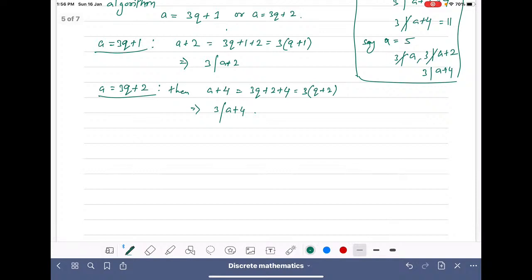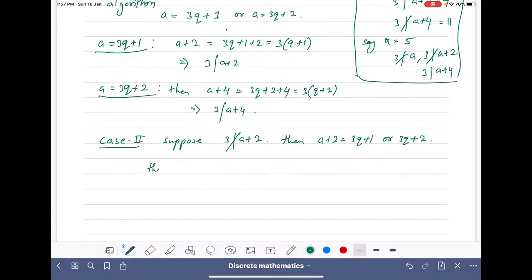Then going to case 2, suppose 3 does not divide a plus 2, or a plus 2 is not divisible by 3. Then a plus 2 is equal to either 3q plus 1 or 3q plus 2 by the same argument as above.